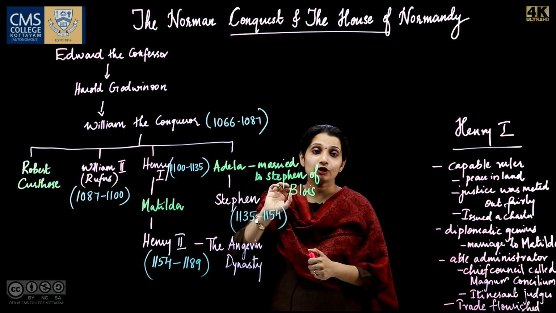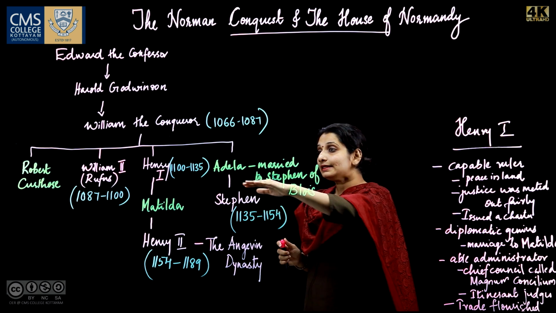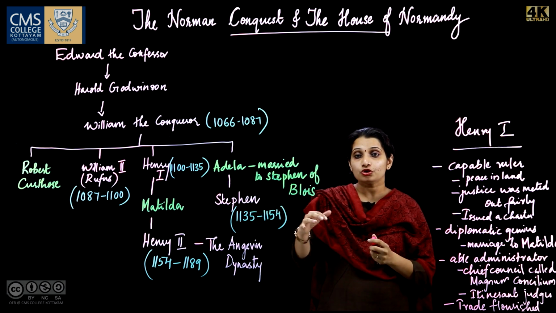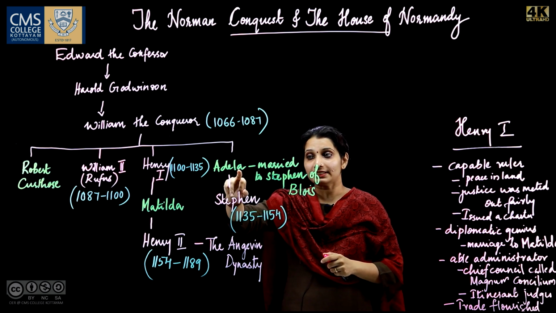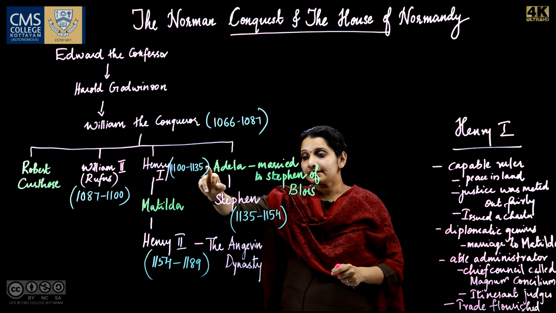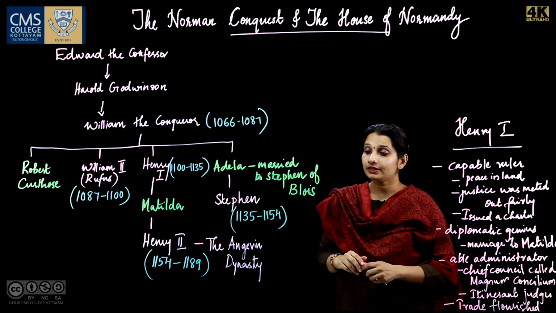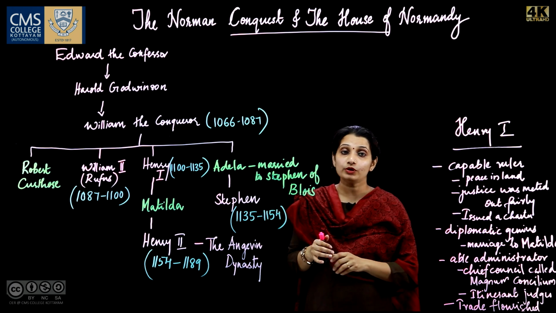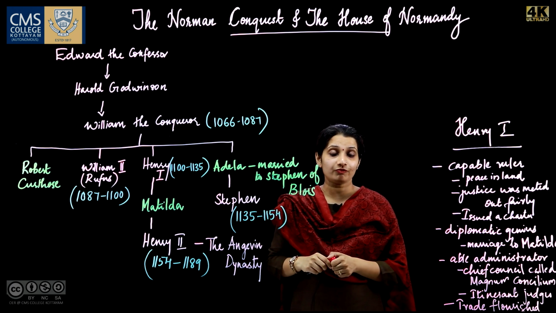The people did not stick to the oath, and it was Henry's nephew Stephen who was chosen to be the king. Stephen was Henry's sister Adela's son, and Henry's nephew Stephen ascended the throne of England in 1135, and he ruled till 1154.